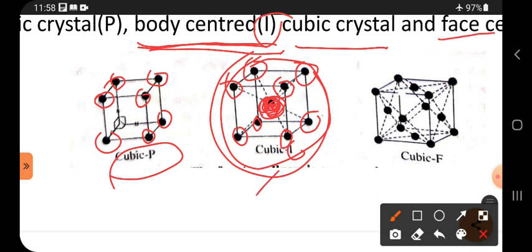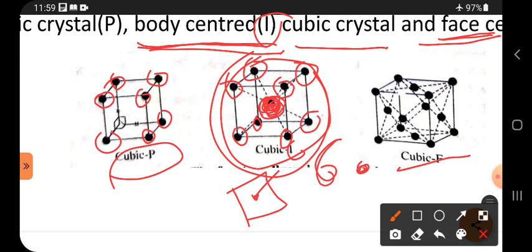And next, face centered. Face centered means, generally how many faces does a cube contain? Totally 6 faces. At the center of each face he kept one lattice point. So totally 6 faces means 6 lattice points he kept at the faces, in the middle of the faces. That is why it is named a face centered cubic crystal.